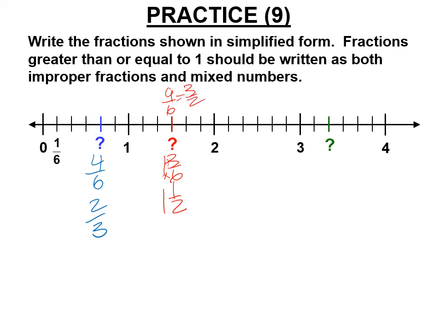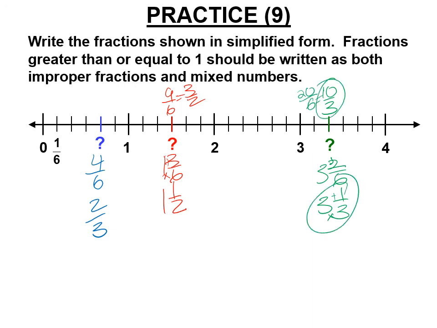The green one is 3 2/6, which is 3 1/3, which is also 10/3, right? 3 times 3 is 9, plus 1 is 10/3, and you could also make it 20/6, but we really want the simplified versions.